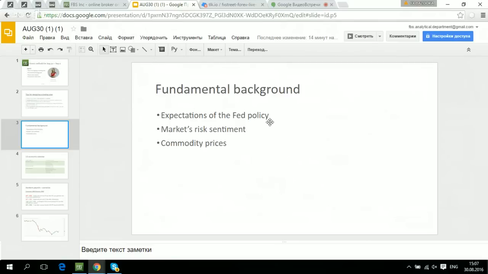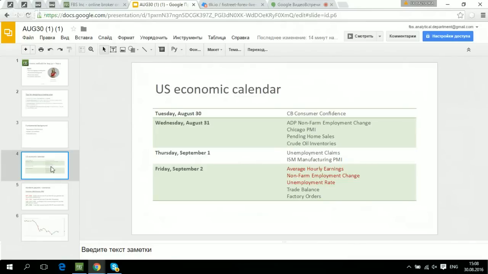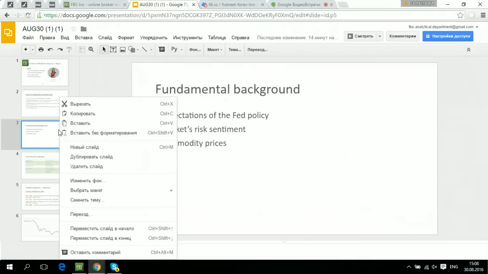Then we'll say a couple of words about the market's risk sentiment and commodity prices. In my opinion, these three factors represent the most important market moving forces during this week. So we now speak about the Federal Reserve and the US dollar.